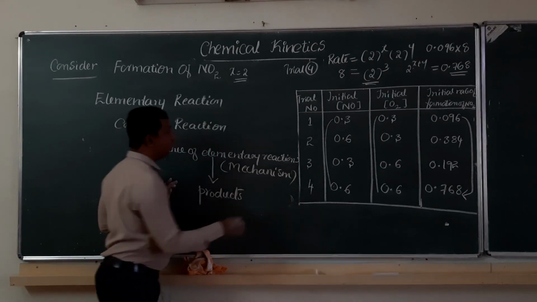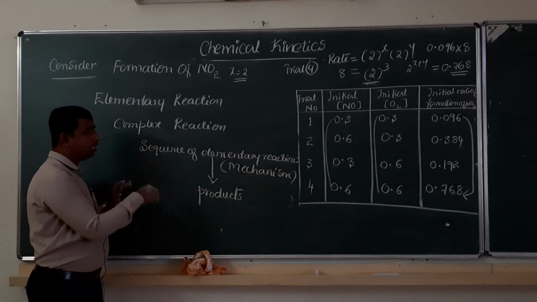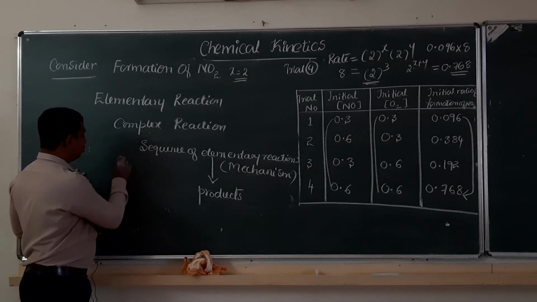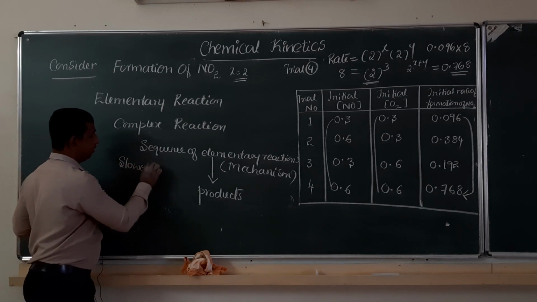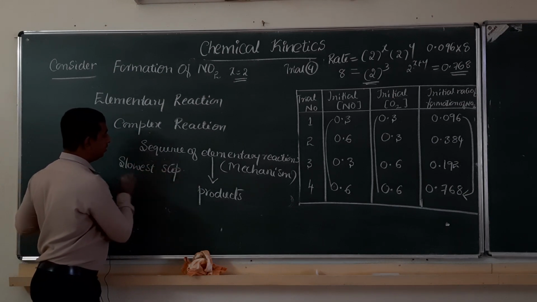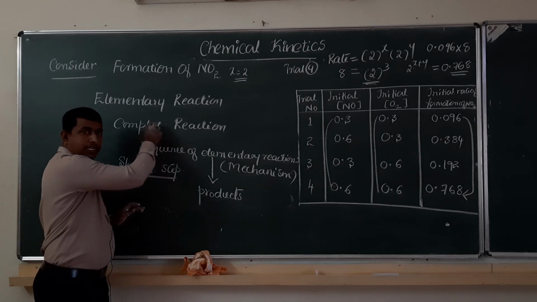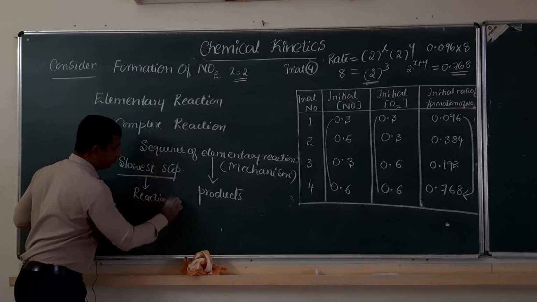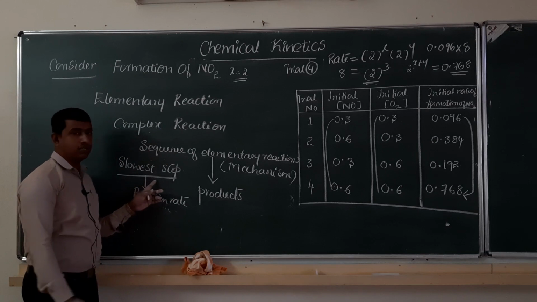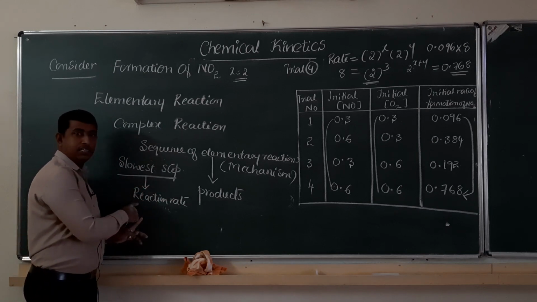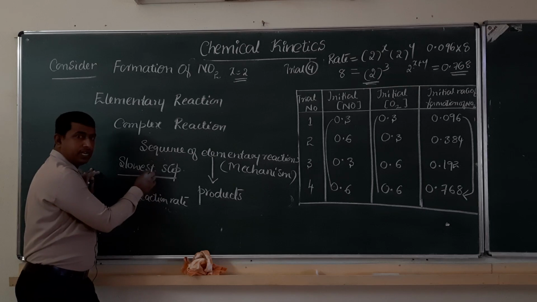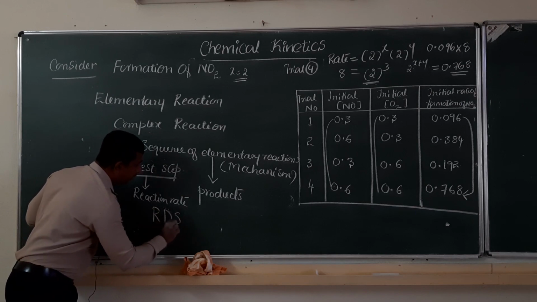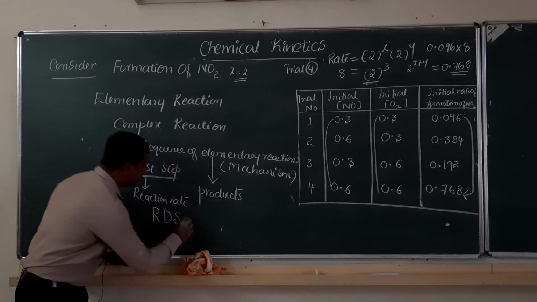So in a complex reaction, a number of steps will be involved. In those steps, one of the steps will be very slow. The slowest step of a complex reaction decides the reaction rate, and this slowest step is called the rate determining step, RDS.